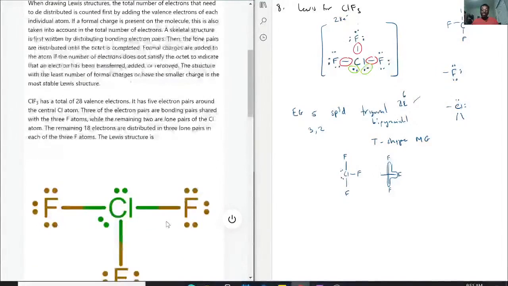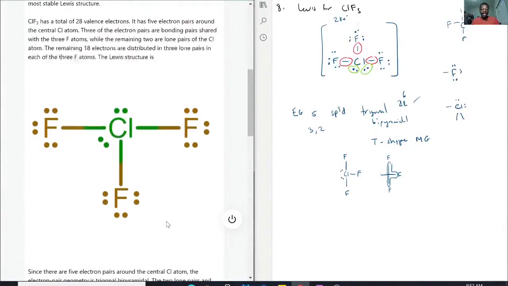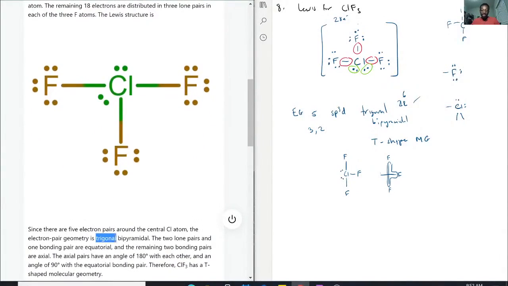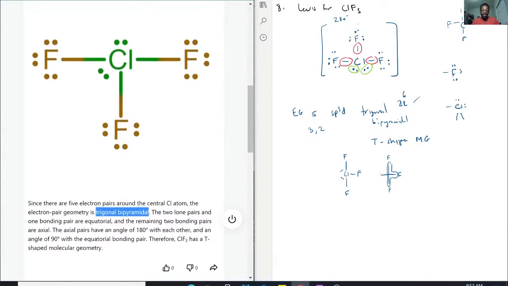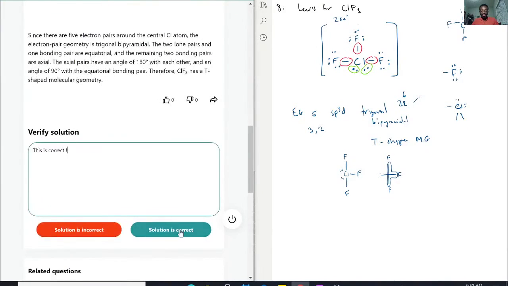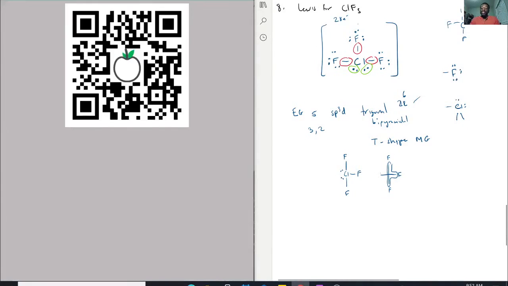So it was indeed chlorine trifluoride, so it's good that we didn't try to solve for carbon. And they do say it's trigonal bipyramidal for the electron geometry, and it does say that it has a T-shaped molecular geometry. So this is correct indeed. So let's move on to question number 9.